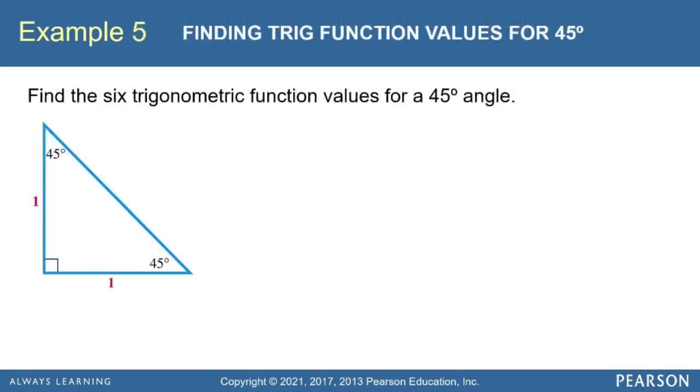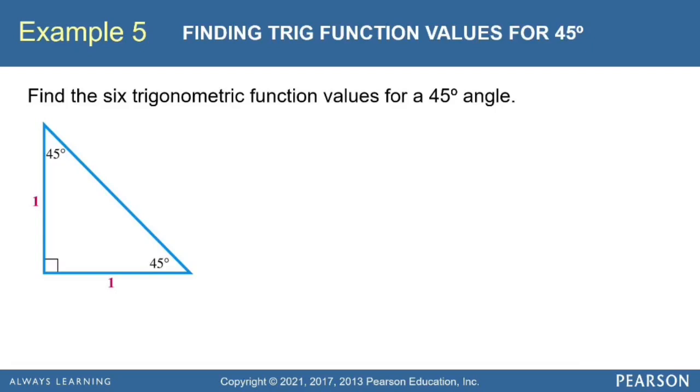And now we have example 5, and we'll be doing the same thing in example 5 that we did in example 4, except this time we're finding the 6 trig function values for a 45-degree angle. So here we have a 45, 45, 90 triangle, and notice that both legs have been labeled with length 1. So in order to find the trig function values for 45, we'll need to know the length of the hypotenuse.